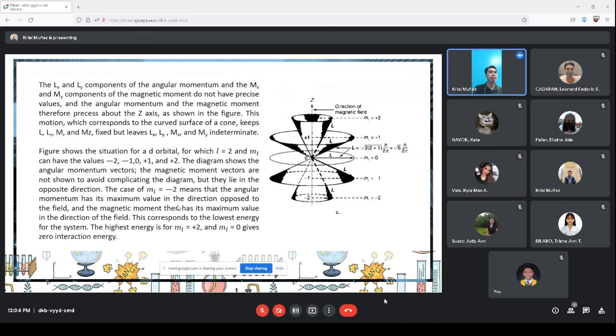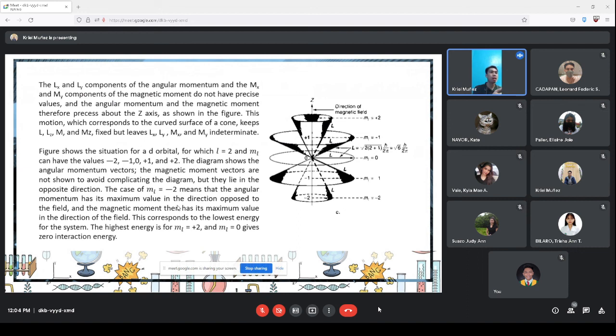And hindi natin aasahan na sumusunod sila sa principal quantum number lang. And you would know it, class, kasi by now alam nyo naman na yung ating notations, electronic configuration. For example, we have 1s, right? Next is 2s, and then we have 2p, and then we have 3s, right? And then we have 3p, and then we have 4s, and then we have 3d.